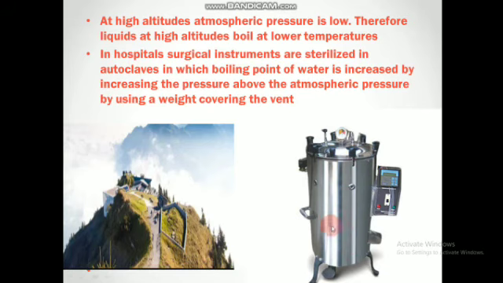So when pressure is increased, they boil at a higher temperature, which we have seen in this case also. When the pressure is more, the backward pressure which should be applied by the water is also increased, so the boiling temperature increases. So we can clean the surgical instruments at a higher temperature by using an autoclave.